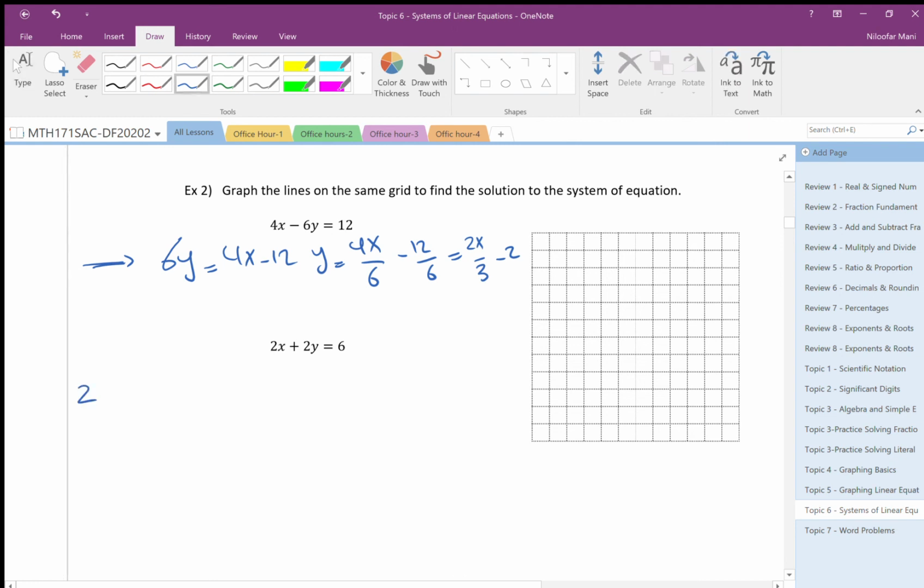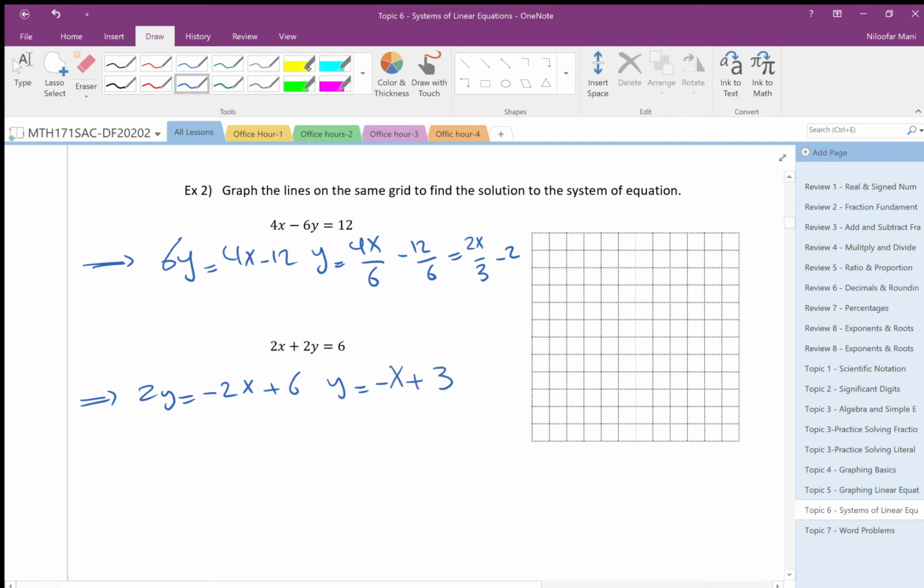So for this one, I do 2y, I keep it this way. So 2y equals 2 minus 2x plus 6, and then y is minus x plus 3.